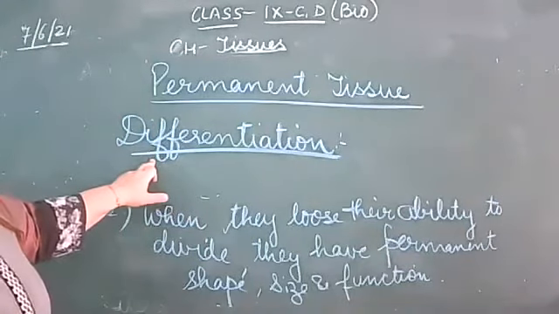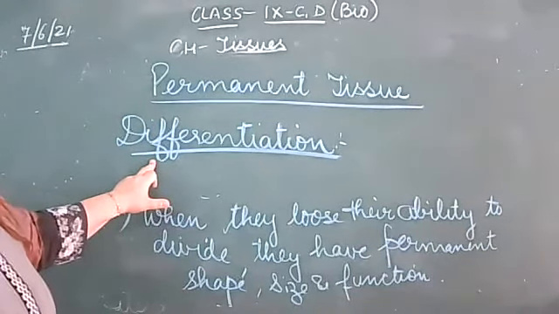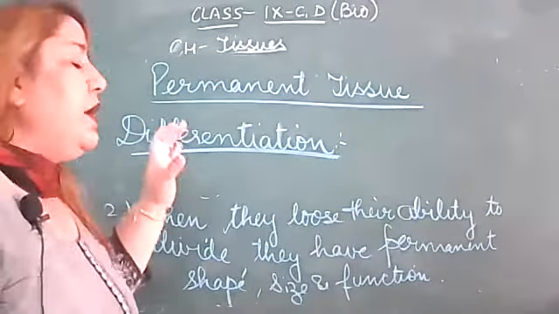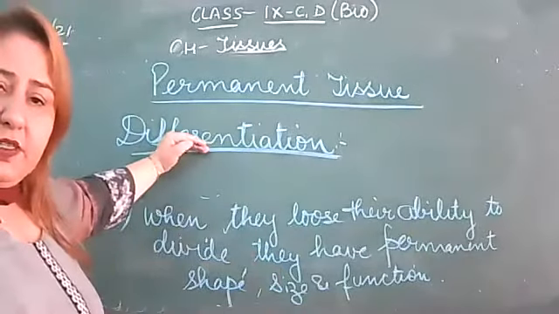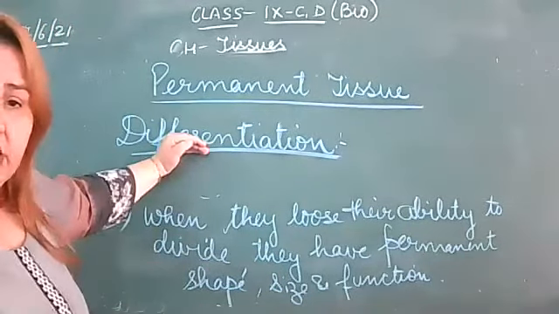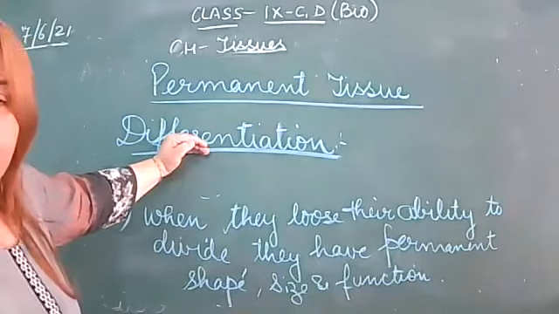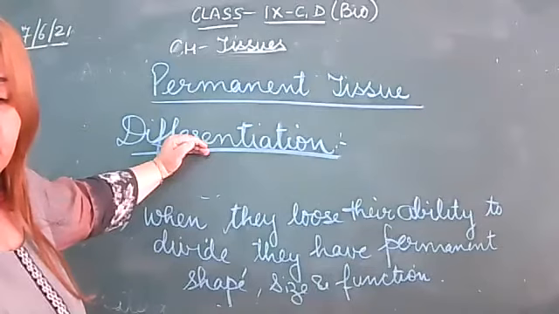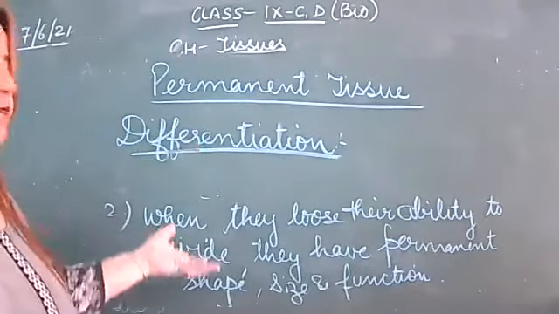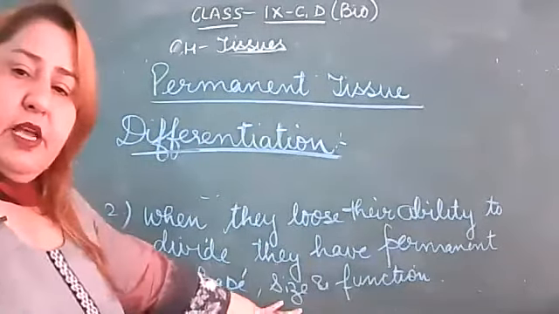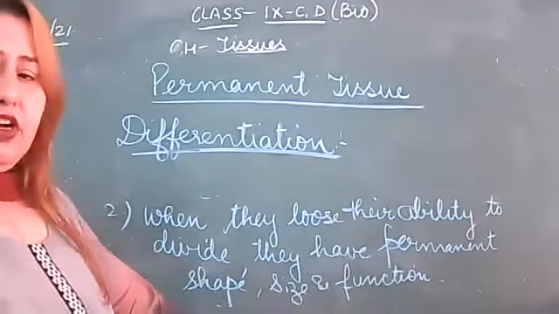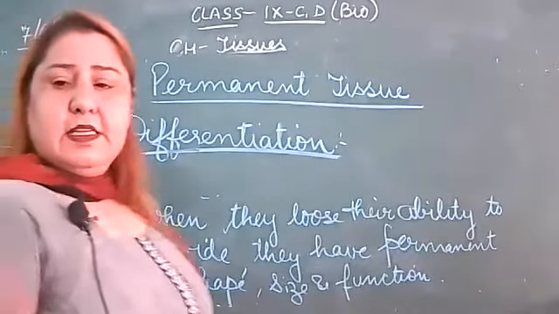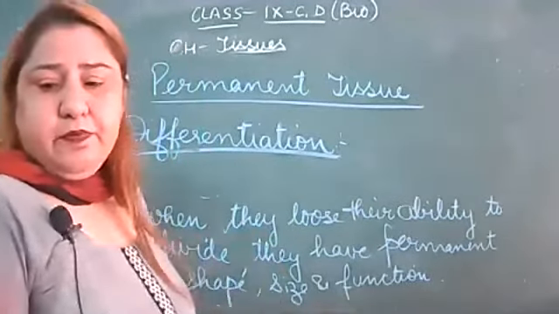That means the process by which the cells formed by meristematic tissue become permanent tissue. Permanent in their shapes, in their sizes and in their functions. This process is called differentiation.